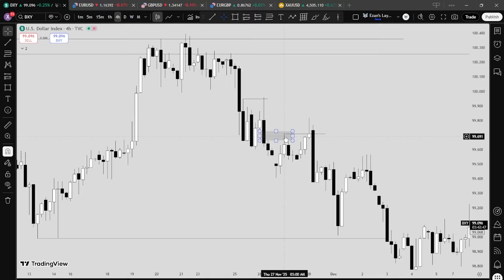So 27th November's London session, this entry formed. But the thing about this is that price could always come up above and run this high, because this is a weak high. What a weak high basically is, it's an engineered high, and it's a high that hasn't swept out any other high, right? So you call that an engineered or a weak high.